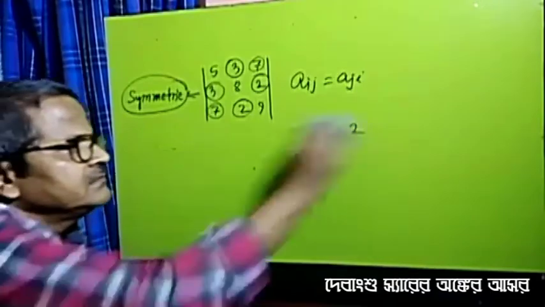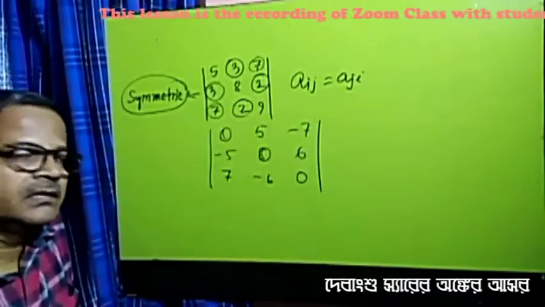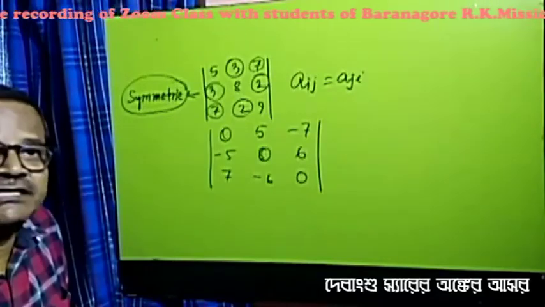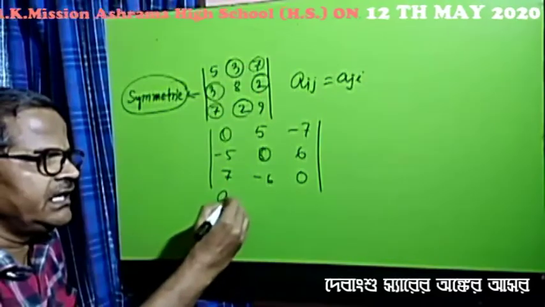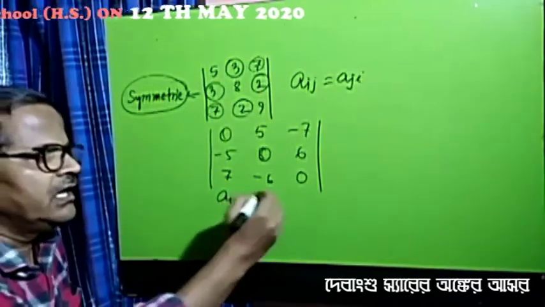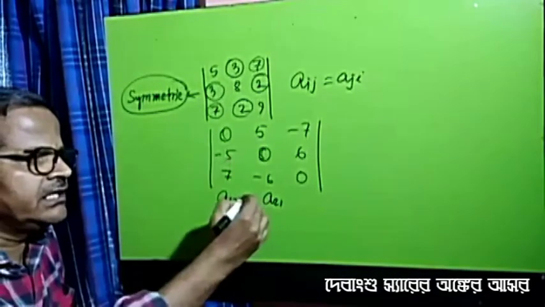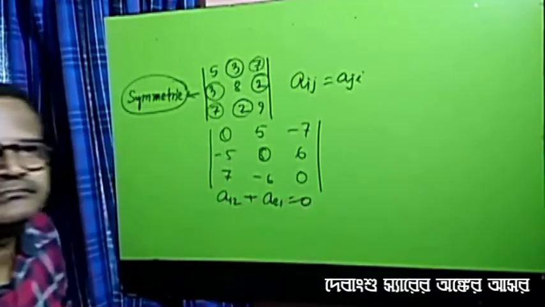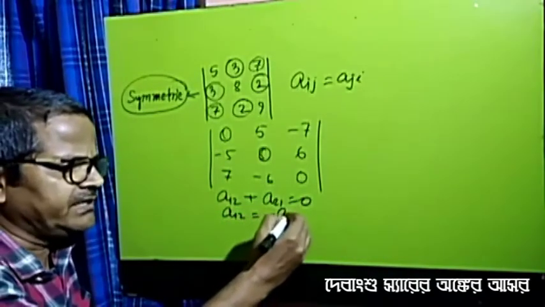Next comes this determinant. In this determinant, in comparison to the previous one, now see A12 and A21, their sum is 0. That is, A12 is minus A21.